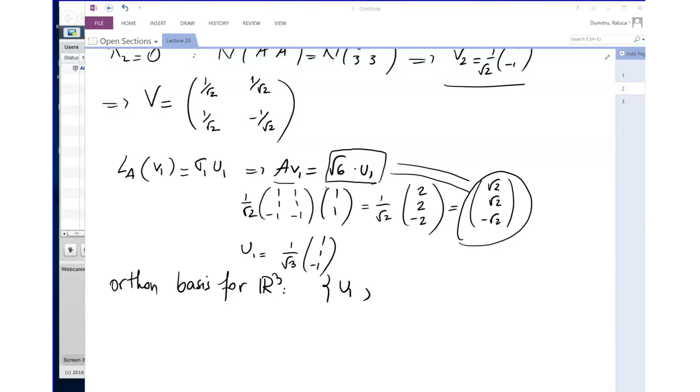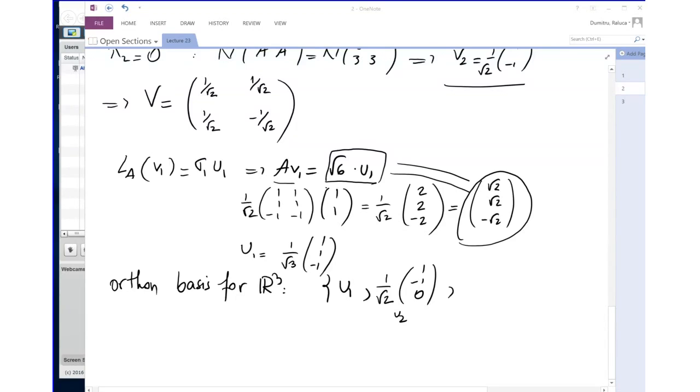We start with one of those. 1, negative 1, 0 also works. But forget about the square root of 3. Think about the inner product. If the inner product is 0, it will be with or without that square root of 3 in front, right? So 1, negative 1, 0 also works. If you want, I'll throw that in. But it has norm square root of 2, so I'll have to make it a unit vector.